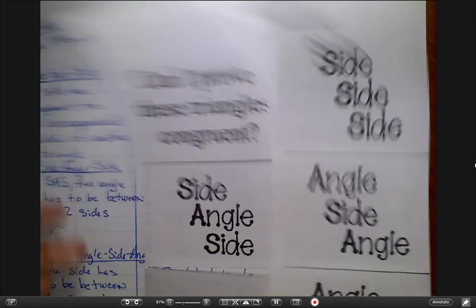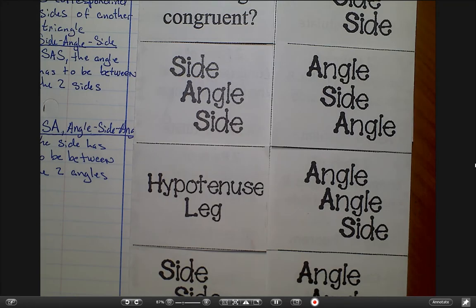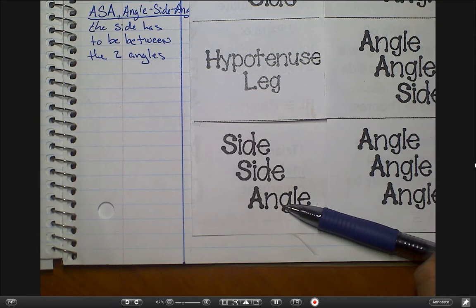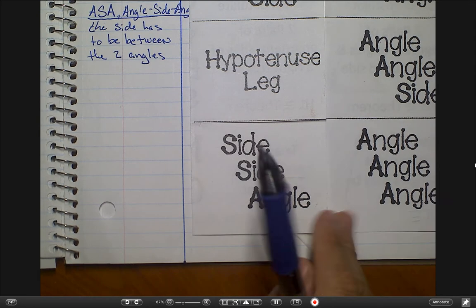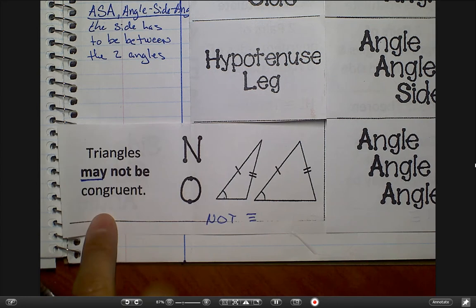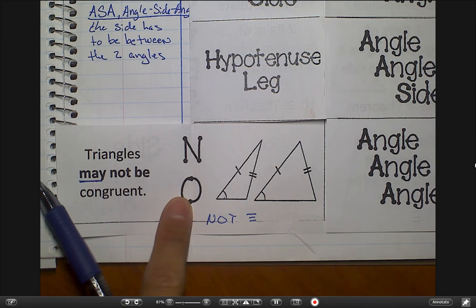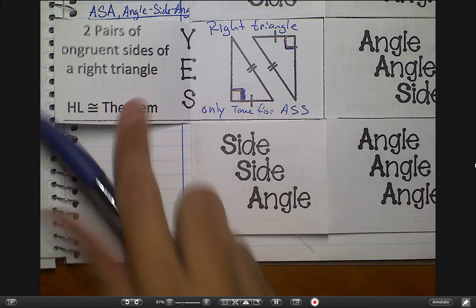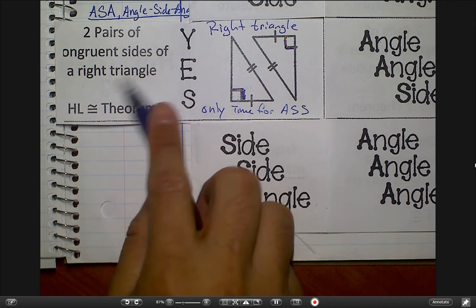Let's take a look. So, let me see. Angle side side right here. Angle side side. So angle side side, are those congruent? No. But let's look at hypotenuse leg. Is hypotenuse leg congruent? No.